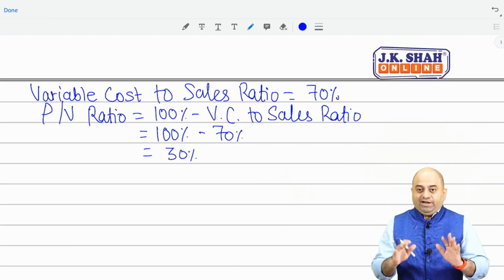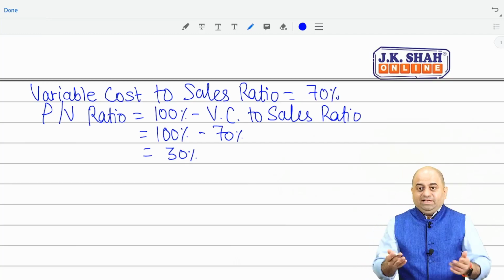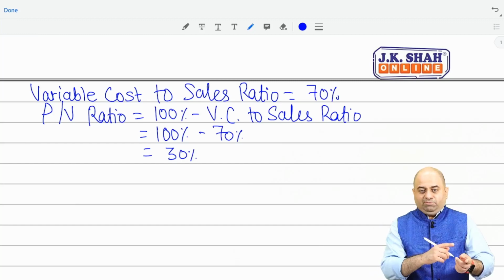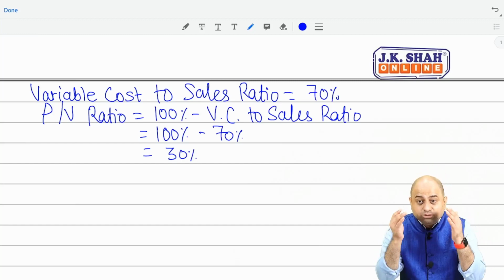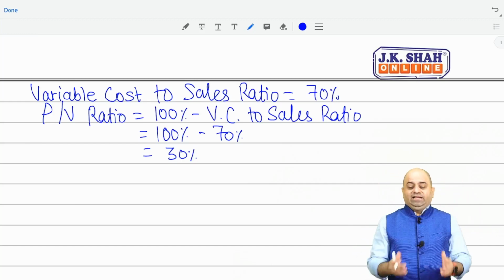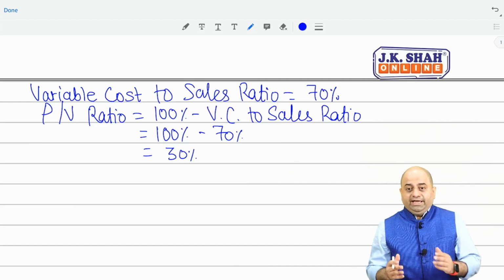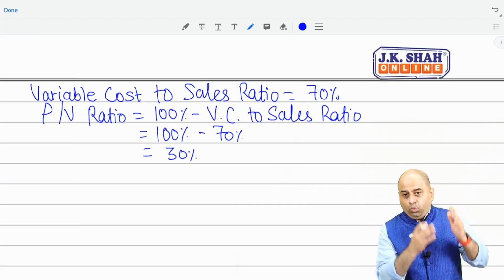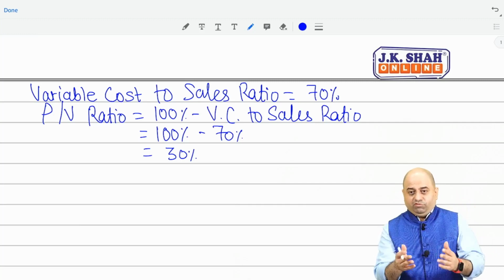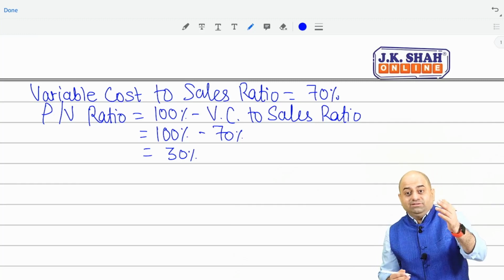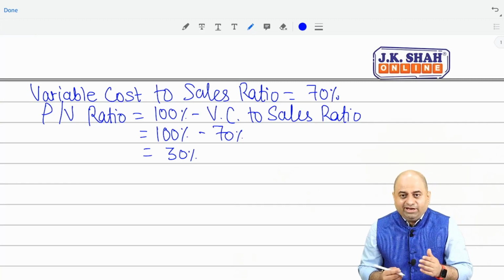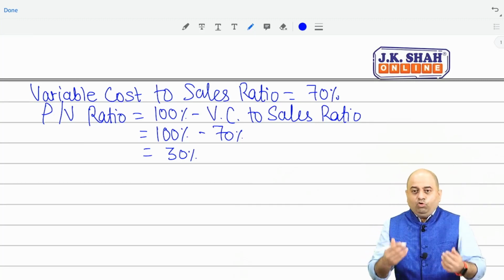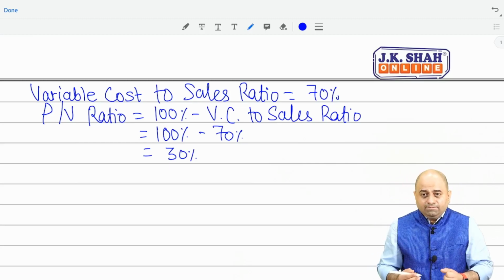So I will simply find out break-even sales. Once I find out break-even sales, with cross multiplication, I can find capacity sales. It's so simple. Understanding the whole topic is easy if you concentrate when the theory was being done. Then just look at what they require and the flow will automatically come in solving.